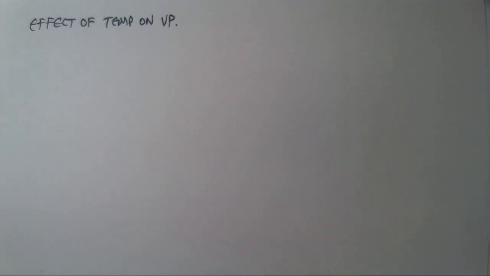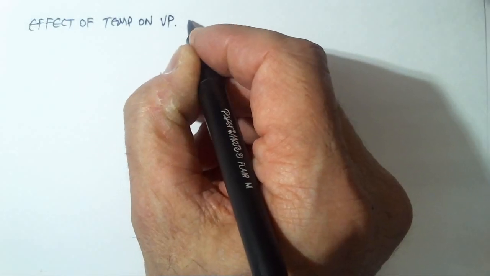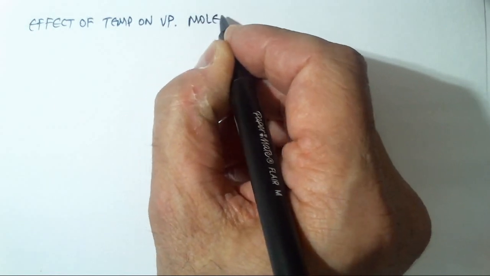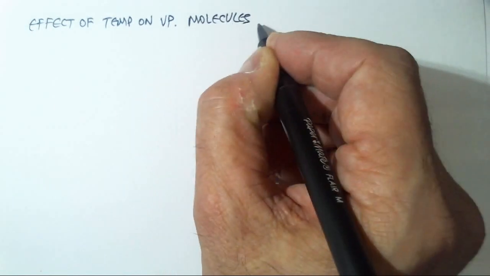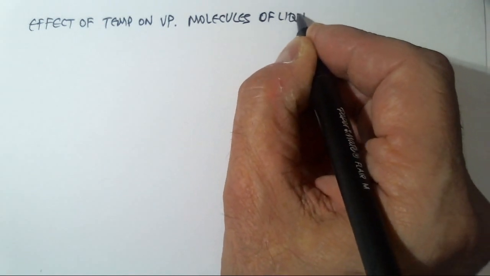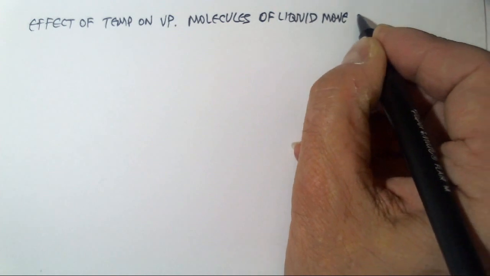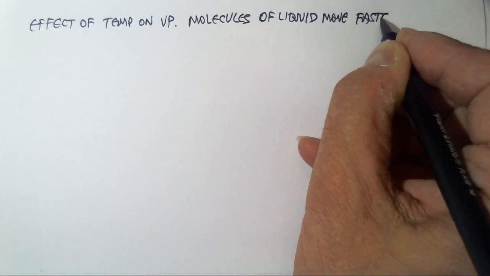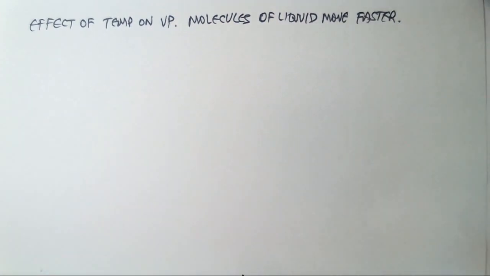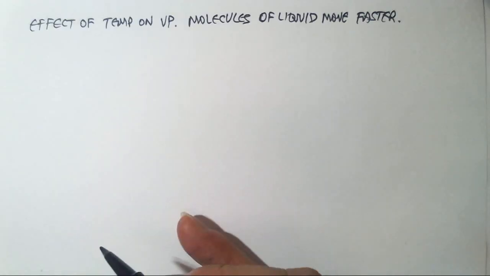And so let's think about, well, what happens when we increase the temperature of a liquid? What happens to the molecules? Well, the molecules of a liquid move faster. So they are moving faster. And if they're moving faster, then more of them can overcome the intermolecular attractive forces.